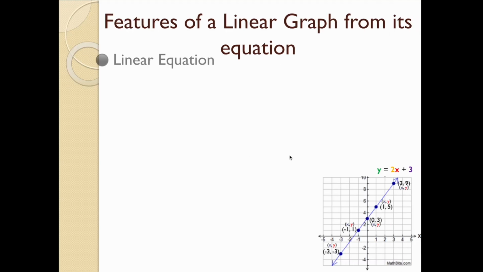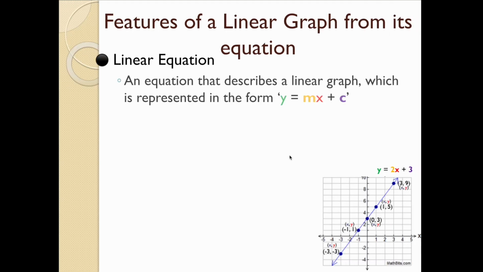Good. So let's talk about the components of the equation that make up a linear graph. Okay? So we describe a linear graph using a linear equation that says y is equal to mx plus c.